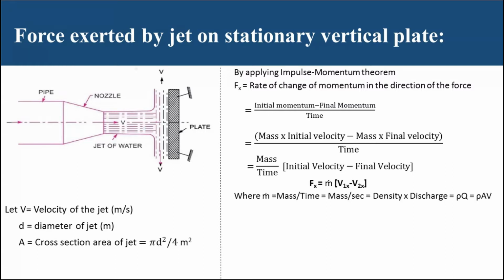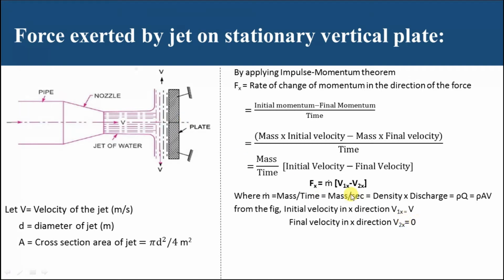This m dot we had already seen equals density into discharge, rho Q, or by the continuity equation it is rho A V. Now if we see the initial condition, the jet is moving in the x direction before impact, so its magnitude is V in the x direction, and after impact it changes direction, so the final velocity in the x direction is 0.